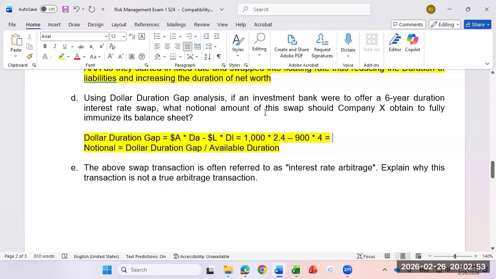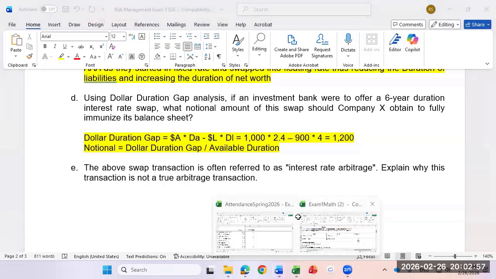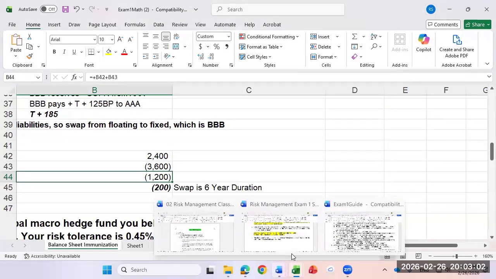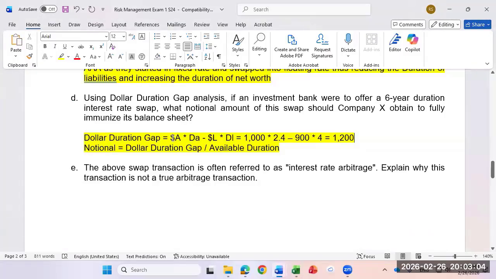It looks like 1.2, but let me look. Don't trust me. I can't do math in my head when people are looking at me. So yeah, 1.2 billion. And remember, do it in absolute value.